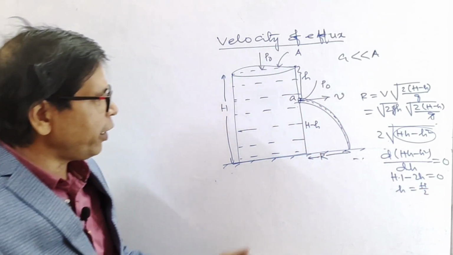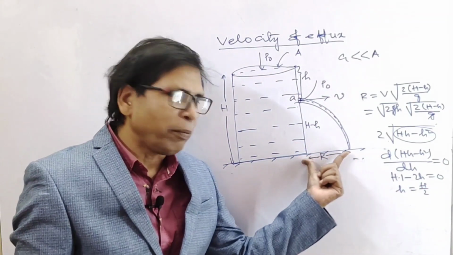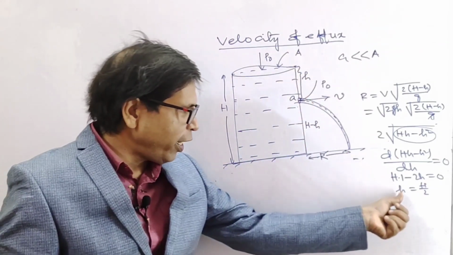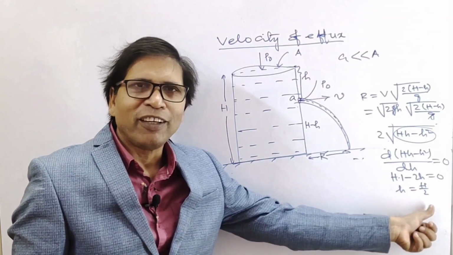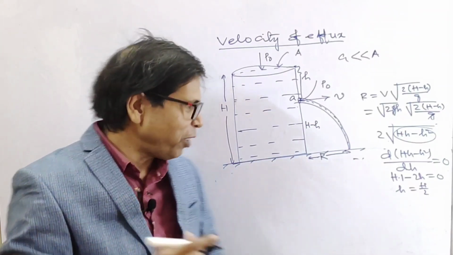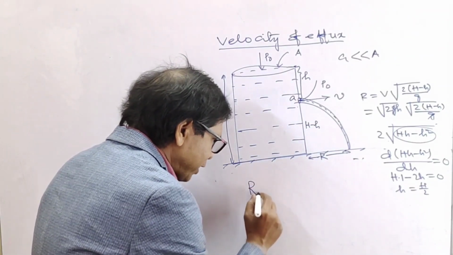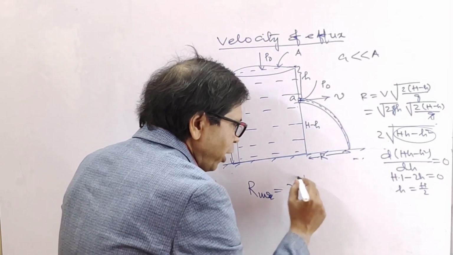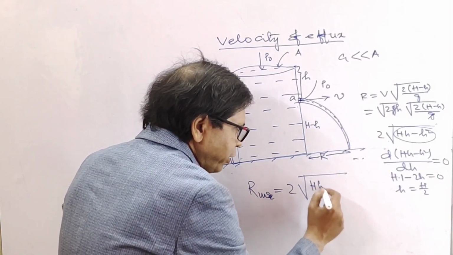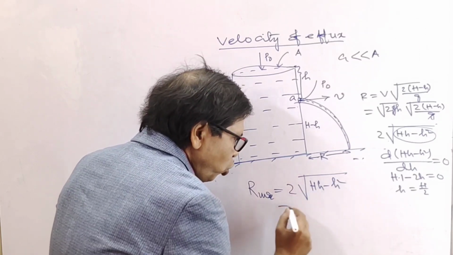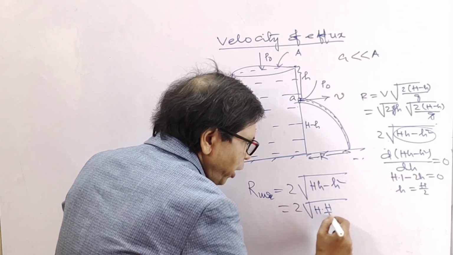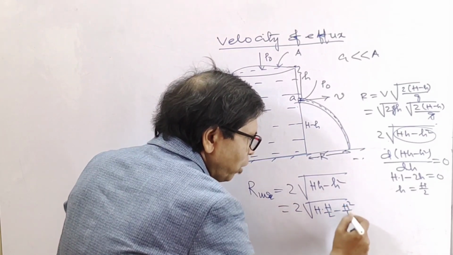So horizontal range of the liquid flow is maximum when the hole is at a depth of small h equal to H by 2. Now what is the maximum range? Look at this, r max is 2 into root under of Hh minus h square. So 2 into, this is H into H by 2 minus H square by 4.